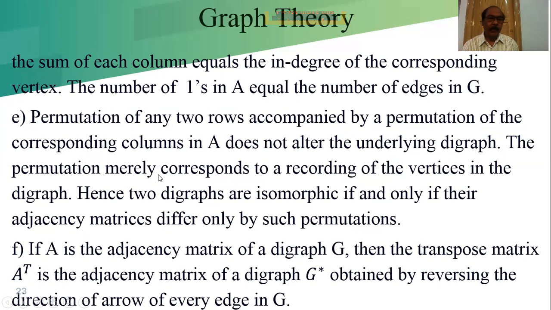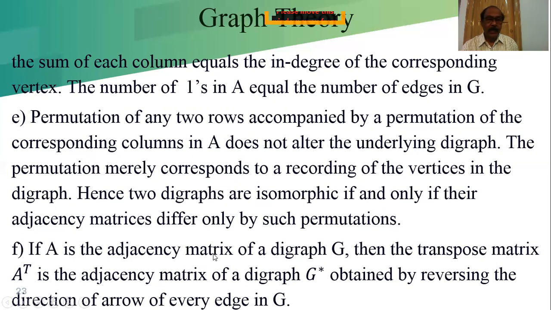The permutation merely corresponds to a reordering of the vertices in the diagram. So we can do permutation to check whether two graphs are isomorphic or not. Hence two diagrams are isomorphic if and only if their adjacency matrices differ only by such permutations.